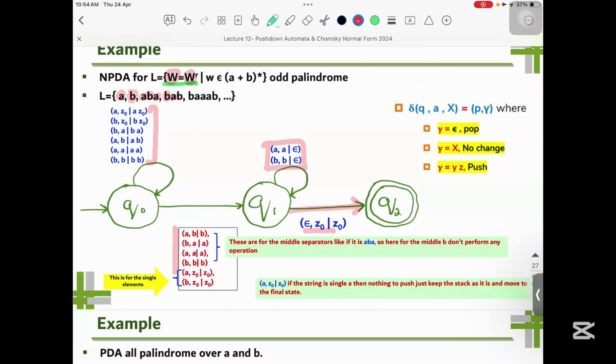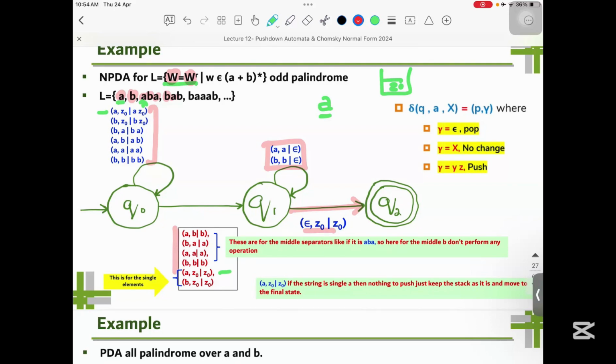So if you have only, for example, a single A, it means you have Z0 here. If you only have a single A, then you need to do a push. If you have a case which is only A, don't do anything, just move to the next one.